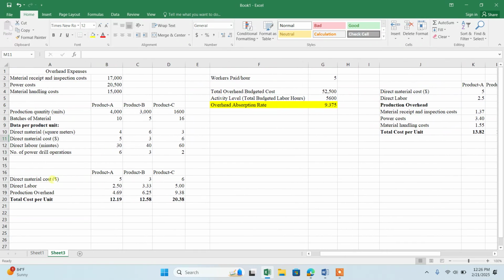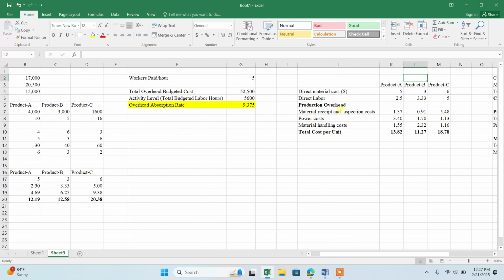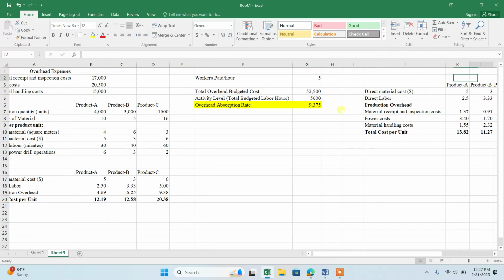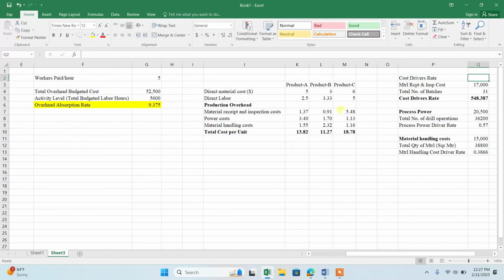The overhead cost in absorption costing uses a single cost driver, the activity given as labor hours, for all three. In activity-based costing we divide the same overhead cost based on three different cost drivers. So this is the major difference between these two.